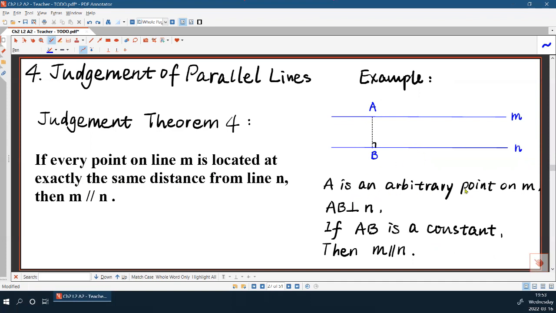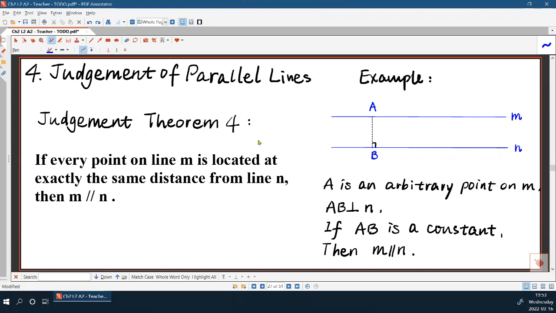A is an arbitrary point on line M, and AB is perpendicular to line N. If AB is a constant, then we have M parallel to N. Please have a look at this. Any questions? Actually, this is a reverse statement of property theorem 4, right?